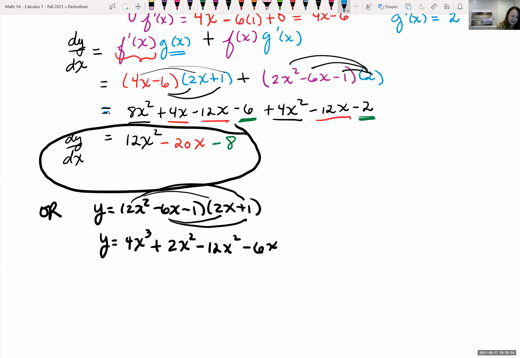And now distribute the negative 1. So negative 1 times 2x is minus 2x. And minus 1 times negative 1, so minus 1. So before taking the derivative, expanding it, we have 4x cubed, a minus 10x squared, minus 8x minus 1.